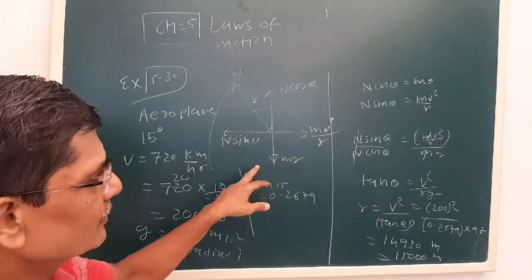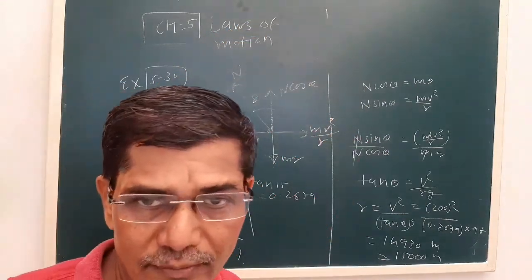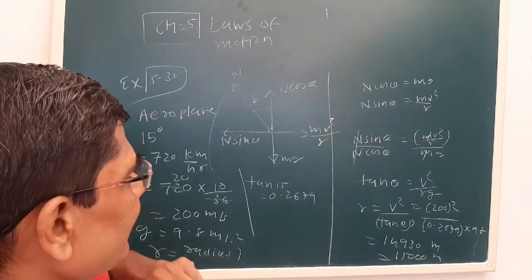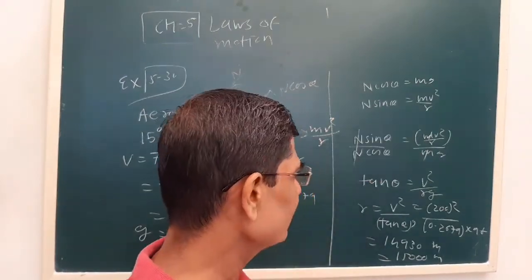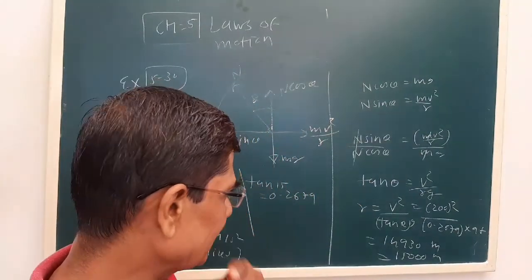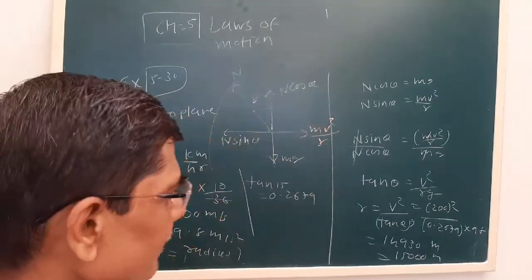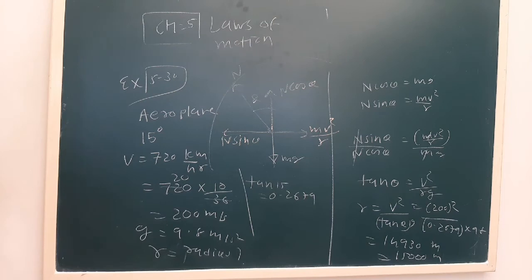Now the weight is mg. Again it is motion on a circular path, so the centripetal force will always be there, that is mv square by r. We equate N cos theta is mg and N sin theta is mv square by r, so we get the relation tan theta is v square by rg. So we can find the radius, which is 15,000 meters.